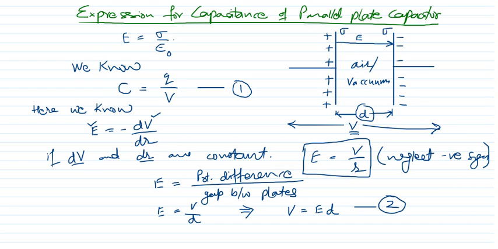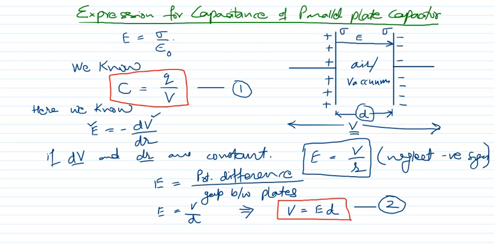Now you can see we are having two equations, equation number 1 and equation number 2, V is equal to E into d. We can put the value of V here. Then what we will get? We will get here C is equal to Q upon, what was V? E into d.